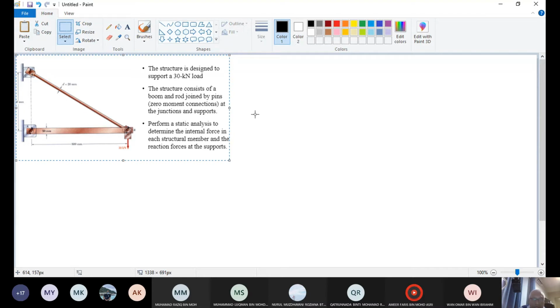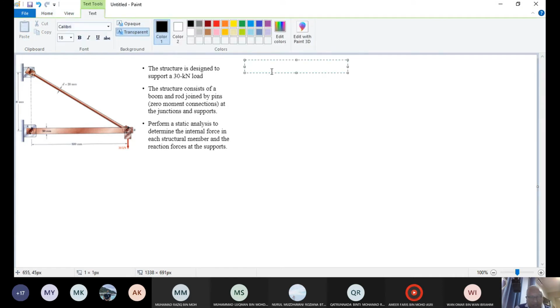Okay, let's look at the subject again, and we are now studying mechanics of material. So what is mechanics of material?